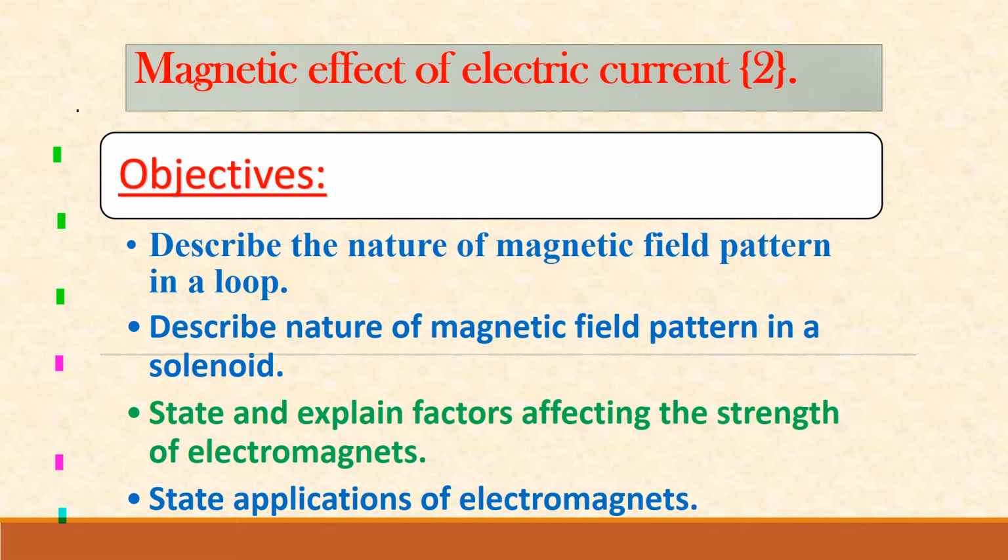It is a continuation of magnetic effect of electric current, the second episode. Our objectives are, by the end of the lesson, we expect that the learner should be able to: one, describe the nature of magnetic field patterns in a loop; two, describe the nature of magnetic field pattern in a solenoid, so in a loop and a solenoid; three, state and explain factors affecting the strength of electromagnets; finally, state applications of electromagnets.